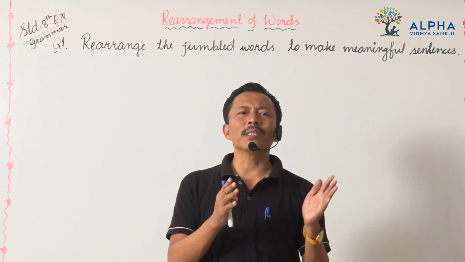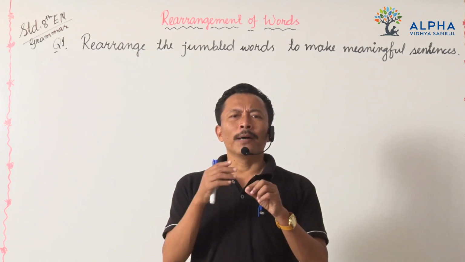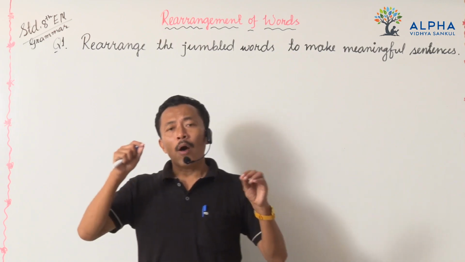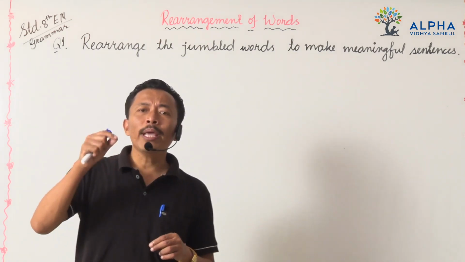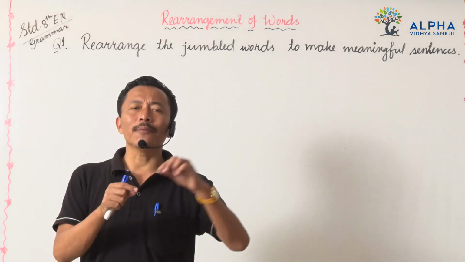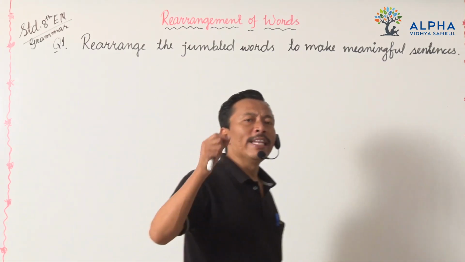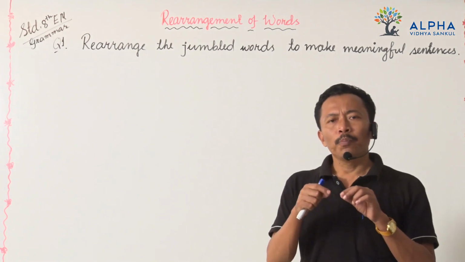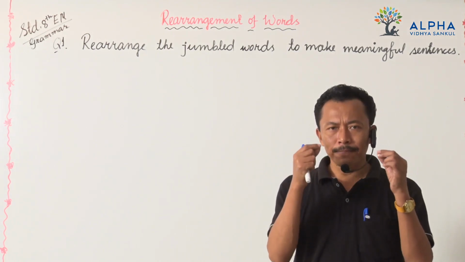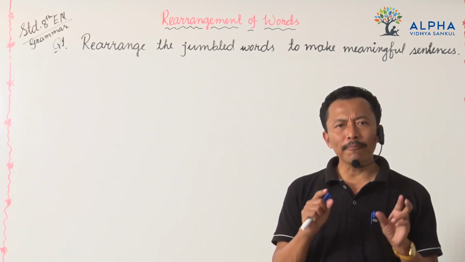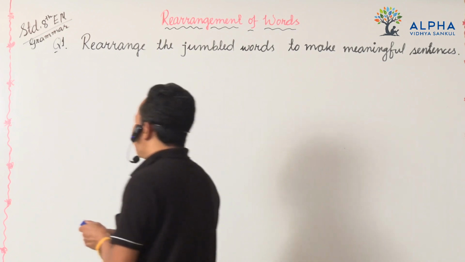The words are jumbled, put here and there. So our duty is to put the words in a proper way, to have a complete meaning, a meaningful sentence.